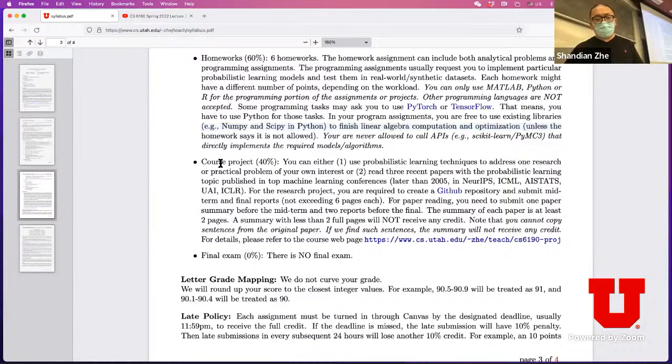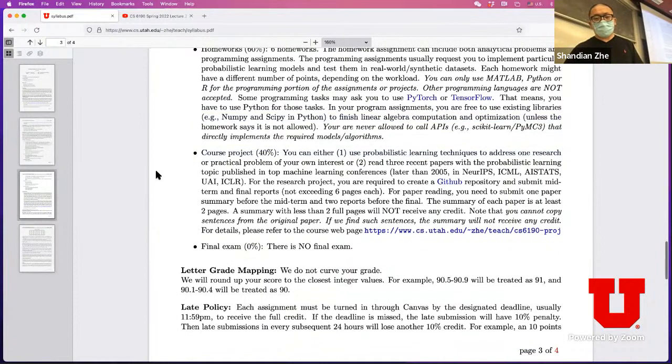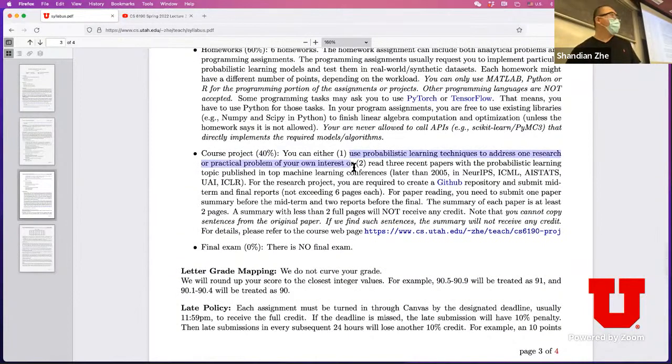And then we talk about the course project. We have two types of course projects. First, and I think the most popular type, is to use a probabilistic learning approach to address any research or practical problem you feel interested in. I've seen some emails asking me, I'm a PhD student doing this, and I'm interested in this part. Can I use this as my course project?